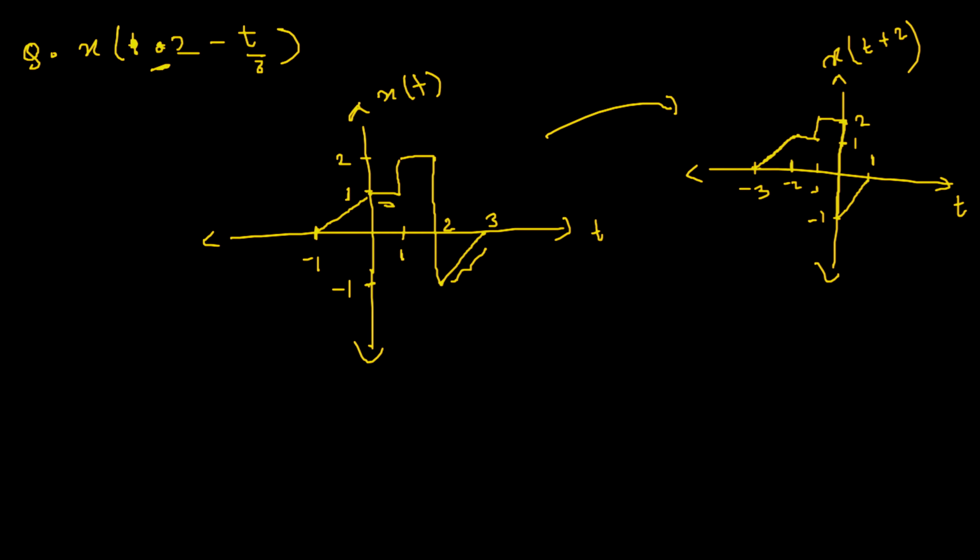Now continuing with this question, we have performed time shifting already. So the next operation as per the order is time scaling. We have x of t plus 2 already. Now what we need to do is scale this by a factor of 1 by 3.